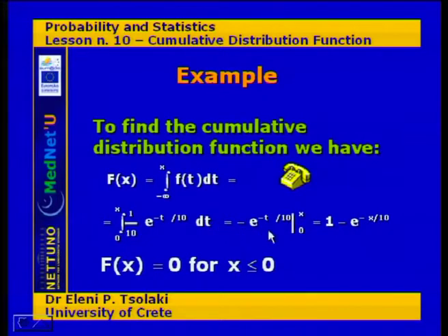If we calculate this, we find that the cumulative distribution function will be 1 minus this quantity here. The cumulative distribution function is 0 for x less than or equal to 0. We can see that from our integral as well, because we go from minus infinity to some x less than 0. This is always going to be 0.